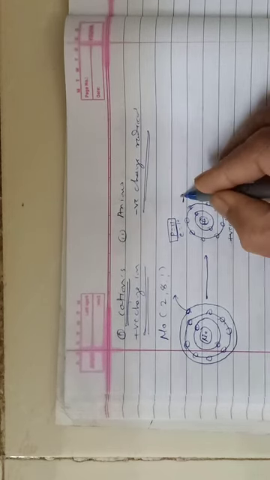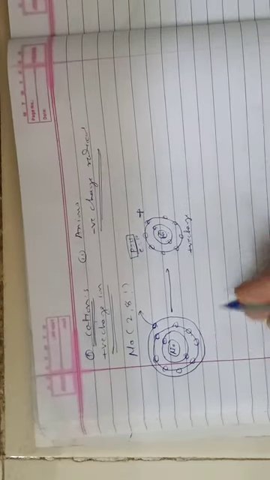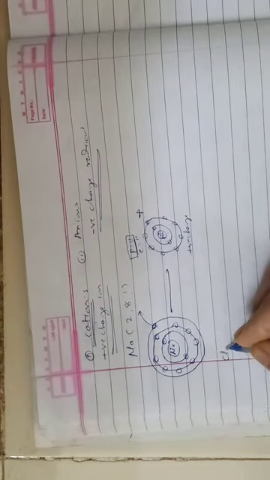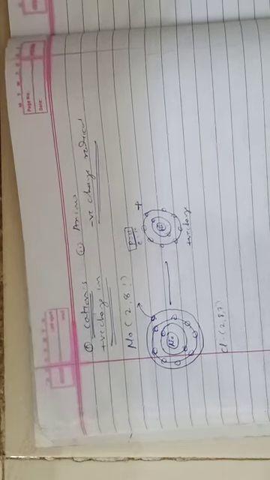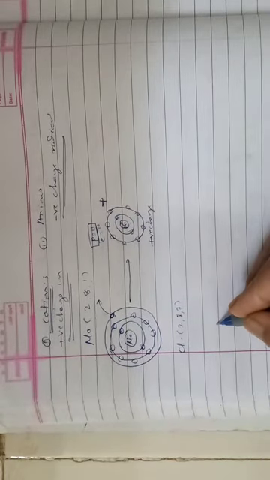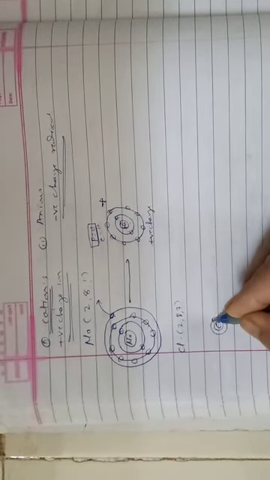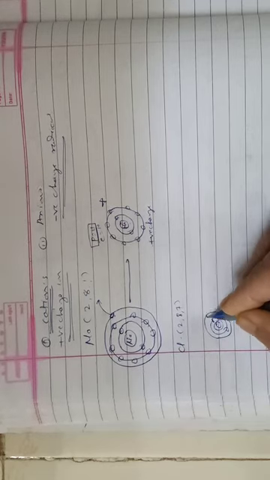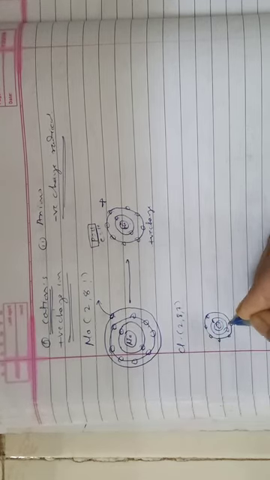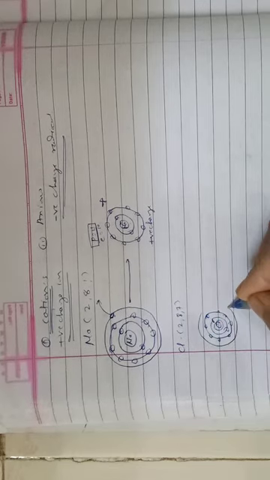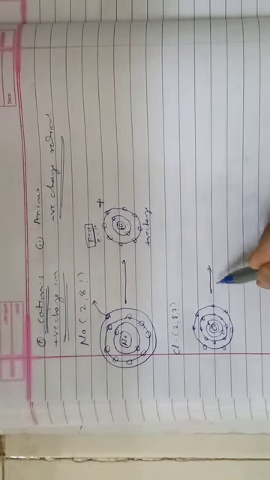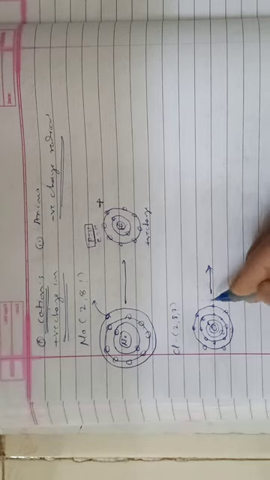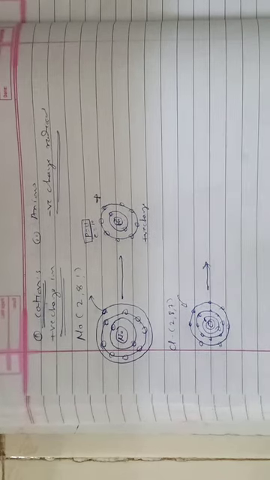Similarly, chlorine is a non-metal which has electronic configuration 2, 8, 7. In chlorine, the first orbit has 2 electrons, the second orbit has 8 electrons, and the third orbit contains 7 electrons. Non-metals have the ability to accept electrons.